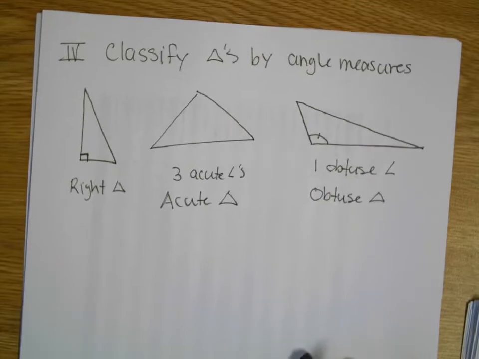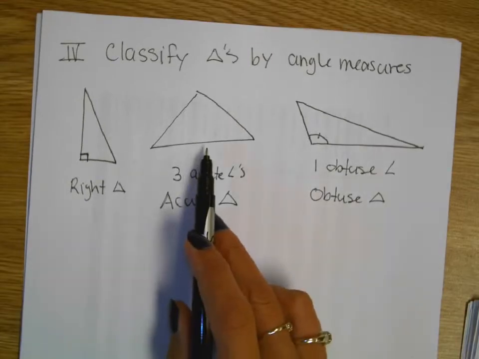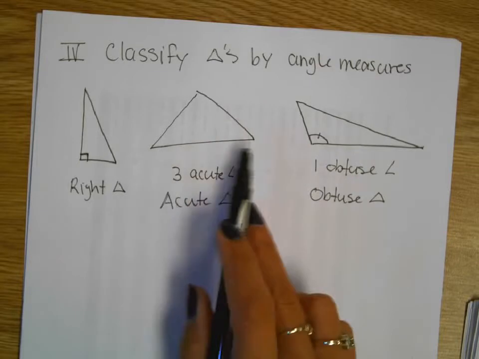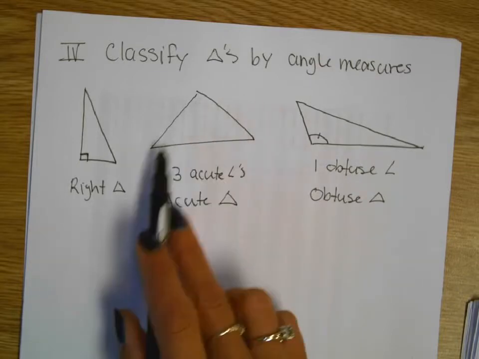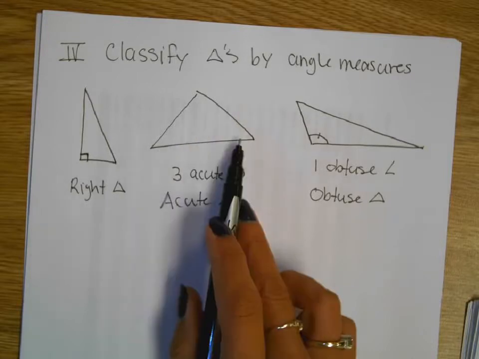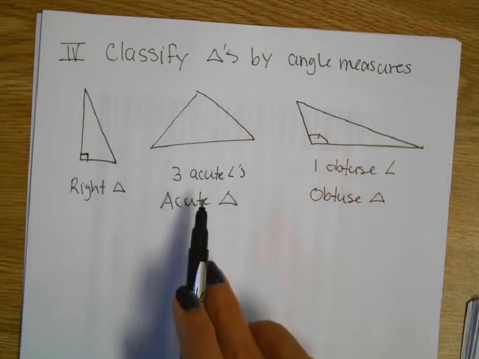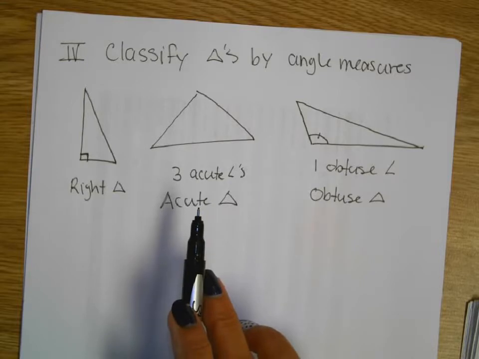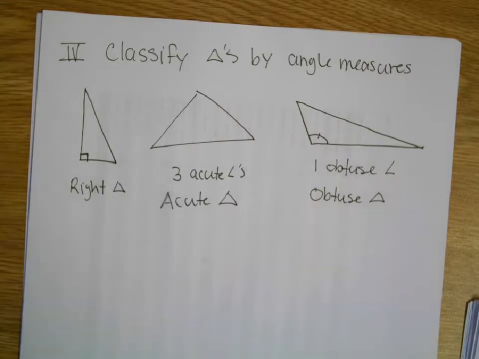And then we did have a special acute triangle. If all 3 angles were the same measure, what would that measure be? 60. So 60, 60, 60. Yes, it would be an acute triangle, but we also have a special name for it. Do you remember the special name?